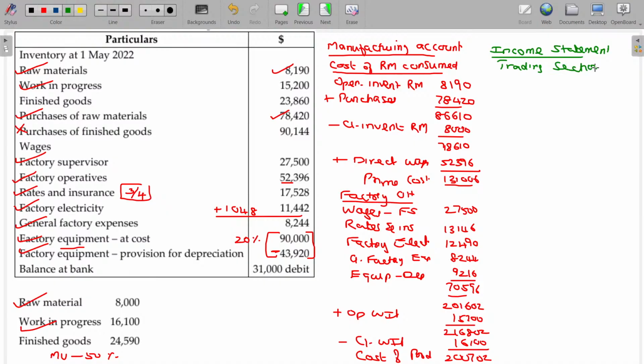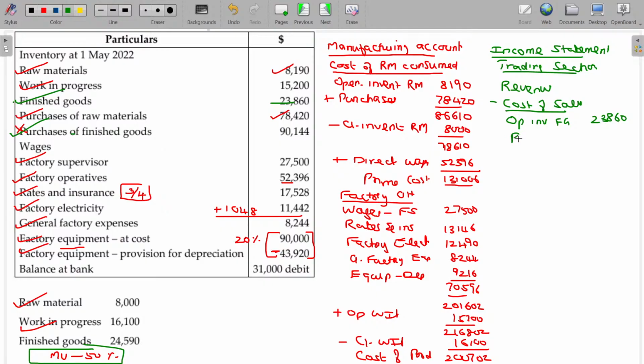I start with revenue, sales revenue. Of course, sales revenue information is missing because we have been given markup cost. So from there, cost of sales is subtracted. Here, opening inventory of finished goods, which is 23,860. Add purchases of finished goods, yeah, given here.